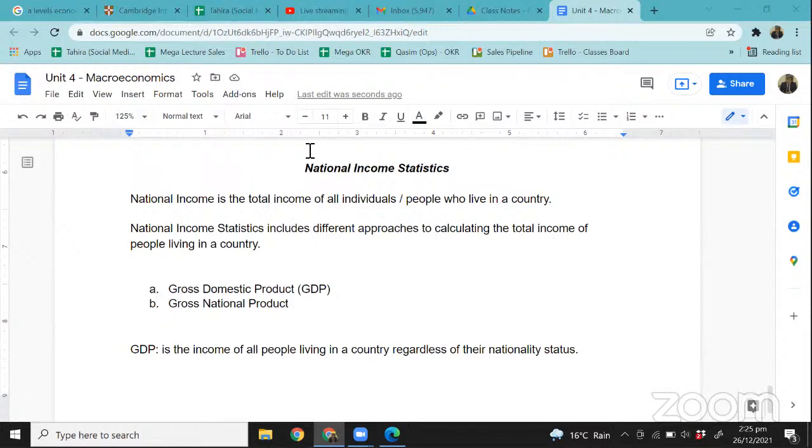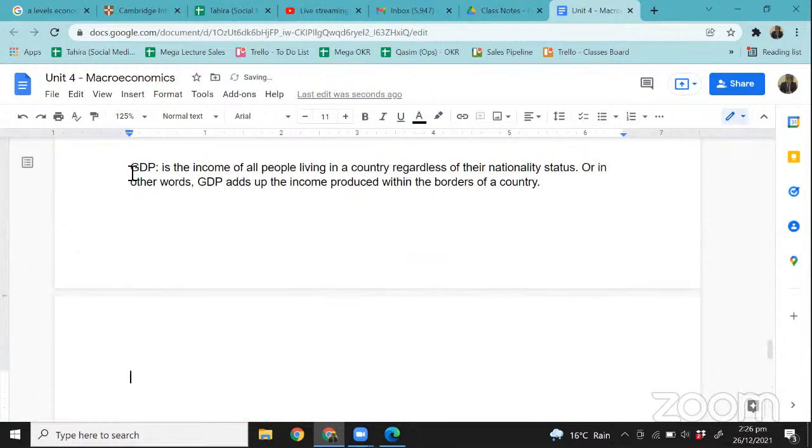So let me quickly complete the definition. GDP is the income produced within the borders of a country, right? So whatever is being produced within the borders of a country, that is GDP.